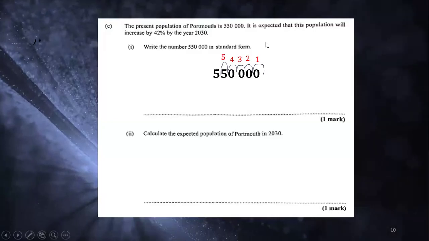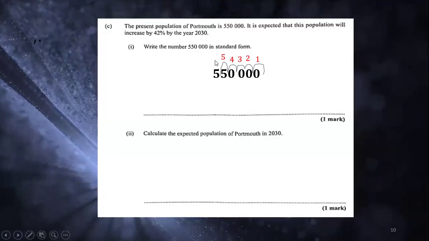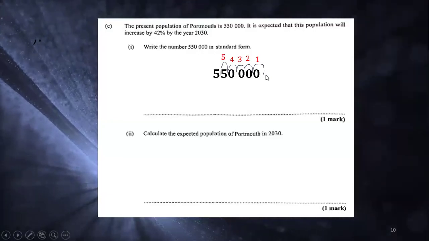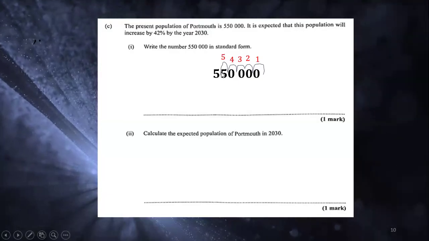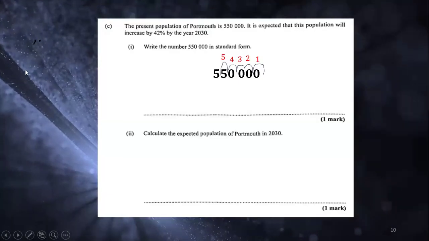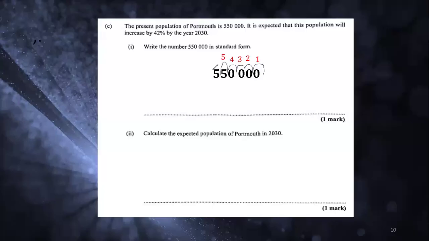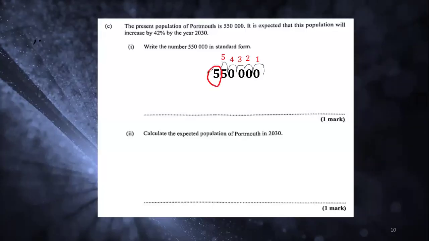When we want to express this in standard form, we move the decimal point until we come to 1 digit, and that digit cannot be 0. It can be any other number, but you cannot stop in front of a 0. It must be a non-zero digit, which means 1, 2, 3, 4, 5, 6, 7, 8, 9, but not 0.